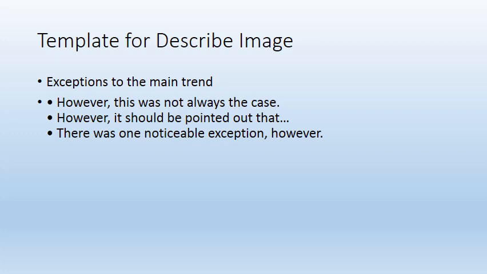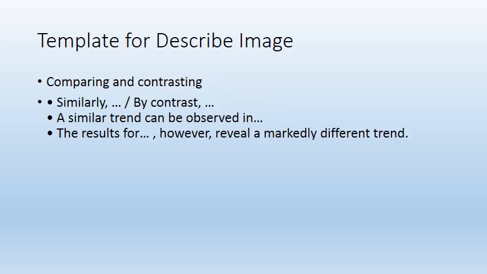Likewise, you should discuss the exceptions in the particular image. For example, if a particular trend is going up for the next 5 years, but for 1 year it goes down, and then again it goes up, that 1 year will become an exception. You must notice that exception in your speaking section of describe image.